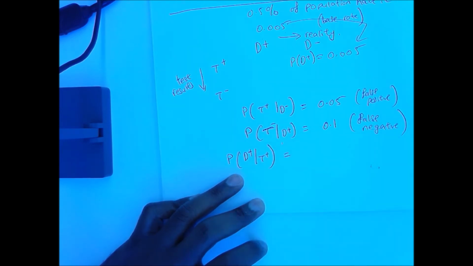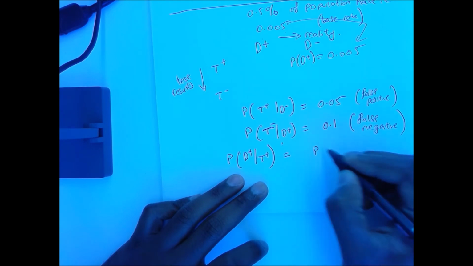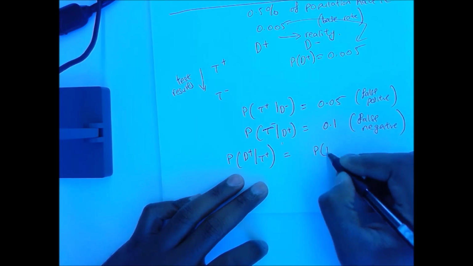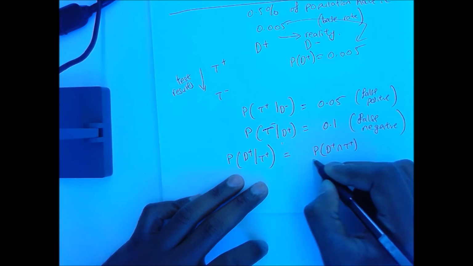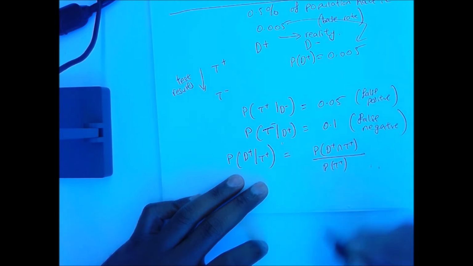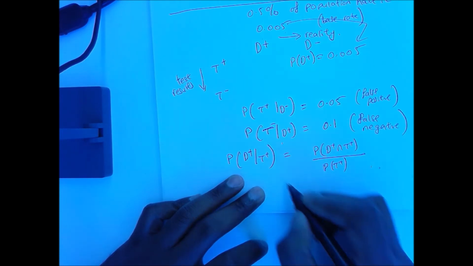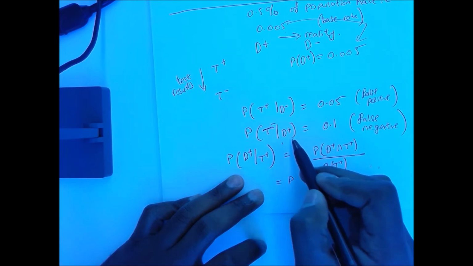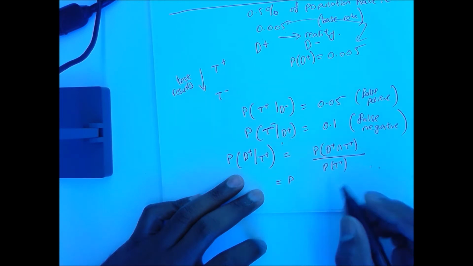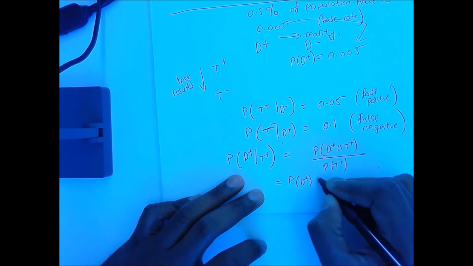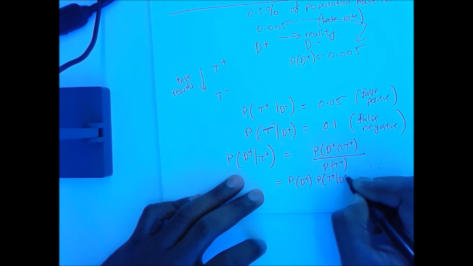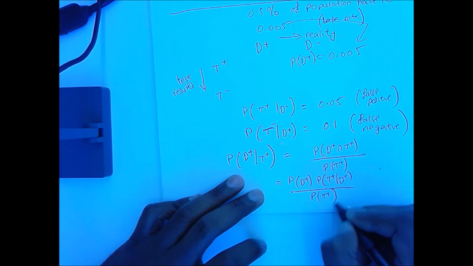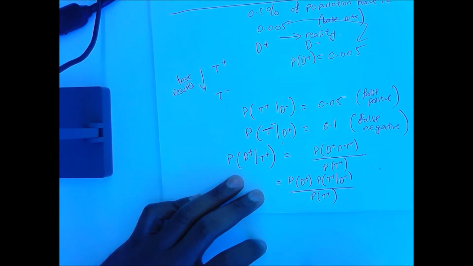So I need P of D plus given T plus, which is equal to the probability of D plus times the probability of T plus given D plus, divided by the probability of T plus. The probability of T plus given D plus would be 0.9.